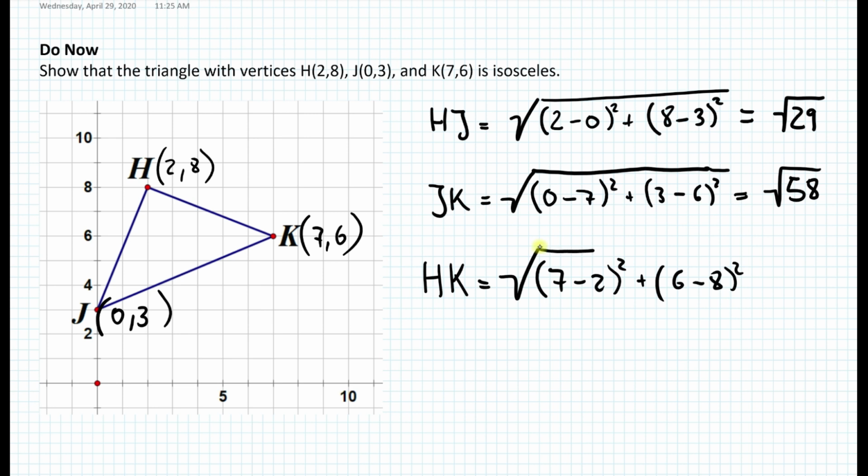If we take the square root of all of this, we end up with square root of 29. And there you go, we showed that this is an isosceles triangle because HJ is square root of 29 and HK is also square root of 29. Therefore, those two segments are congruent and have the same length, and therefore it's an isosceles triangle.